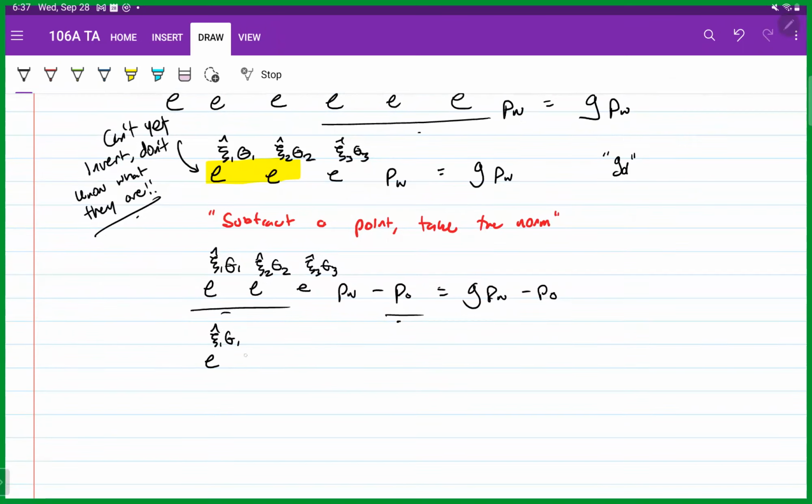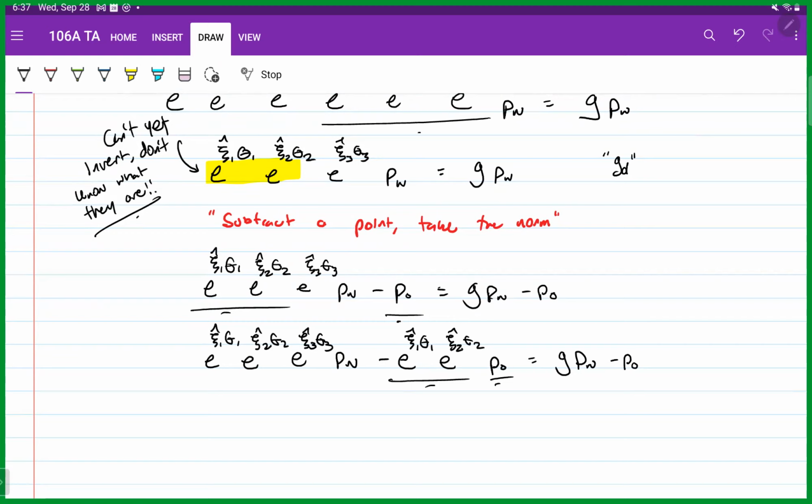Okay. So for that reason, I can write the following. I would have e to the xi1 hat theta 1, e to the xi2 hat theta 2, e to the xi3 hat theta 3 times Pw minus e to the xi1 hat theta 1, e to the xi2 hat theta 2 times P0 equals G times Pw minus P0, right? And this is the same exact thing that we just wrote above because this point is on these axes. These transformations aren't going to do anything, so we may as well include them.